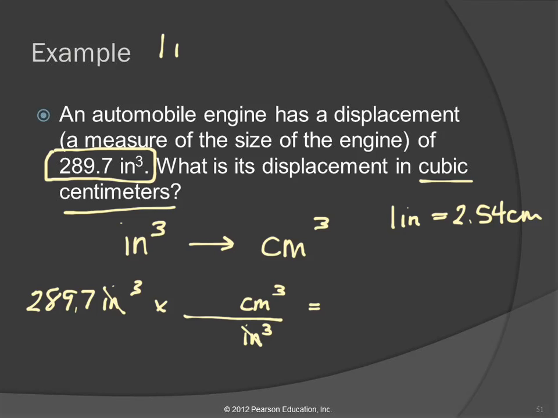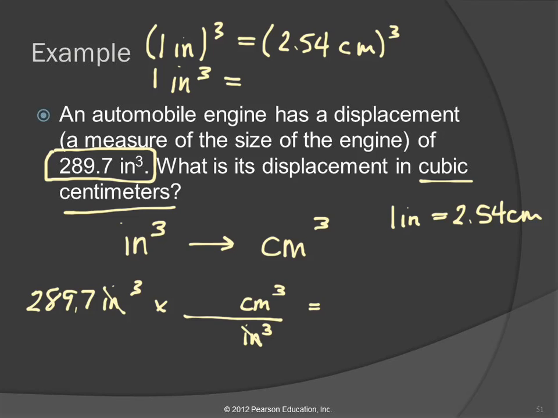So I've got 1 inch, that side cubed, and I've got 2.54 centimeters cubed. That's going to be 1 cubic inch equal to 2.54 cubed cubic centimeters. I'm going to pull out my real calculator now.